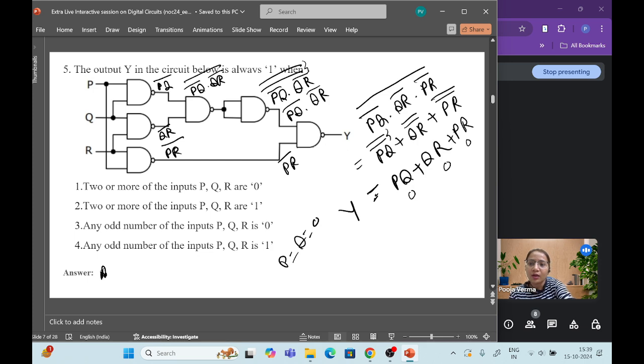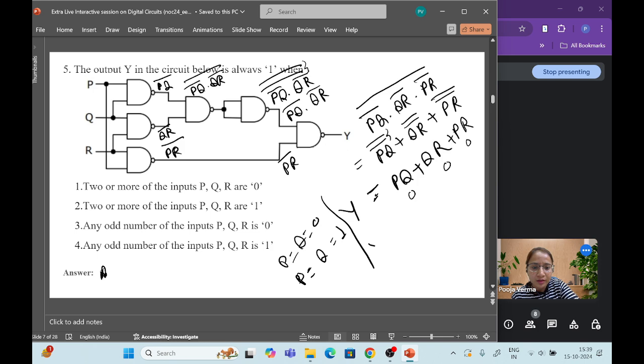They are asking when the output Y in the circuit below is always 1. Now if we take the second option, that means two or more of the inputs P, Q, R are 1. So P is equal to Q is equal to 1, right? You can check by taking any of QR or PR and solving it. I'm just taking one example.